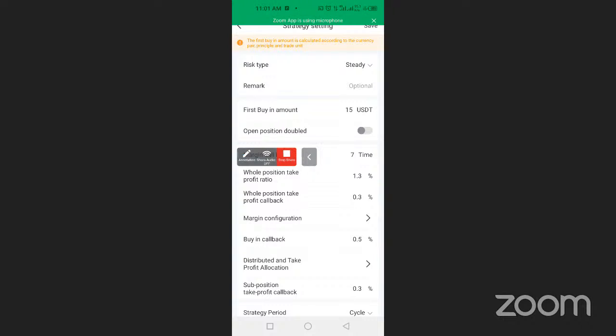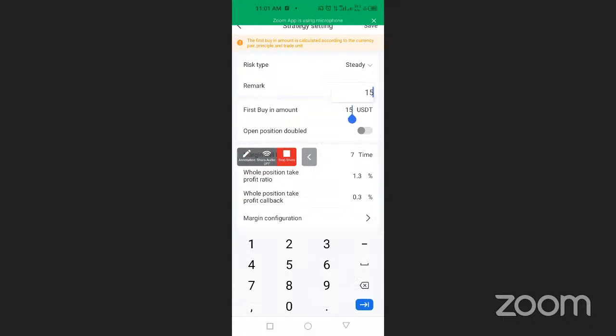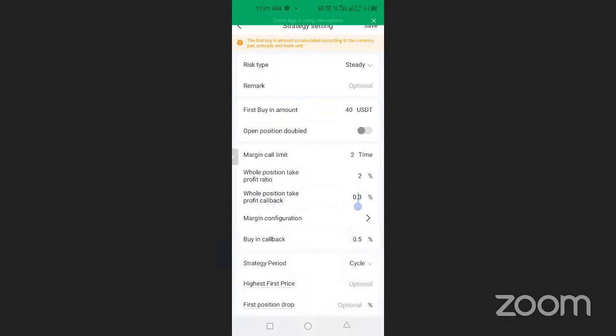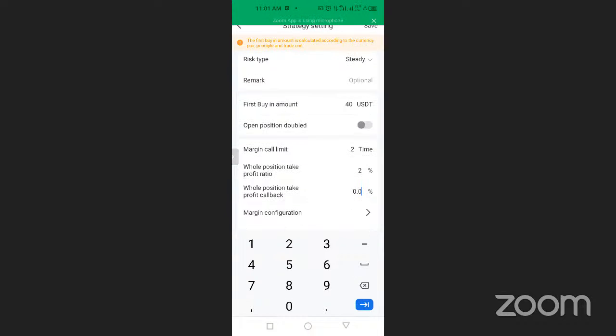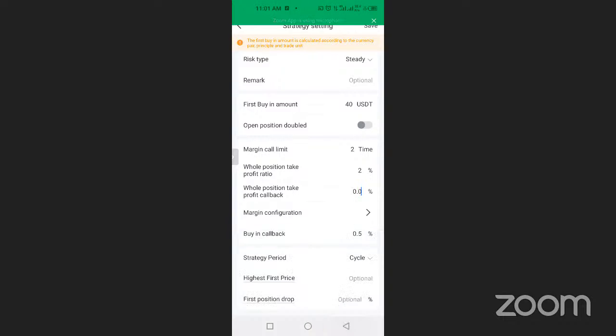Okay, all right. So I will put here $40, and then we are using 2 margin calls only. And then the profit taken is 2%. Here, we don't need any callback, so immediately it is 2, it should close. So that's all. And then I will change here to 1 shot.